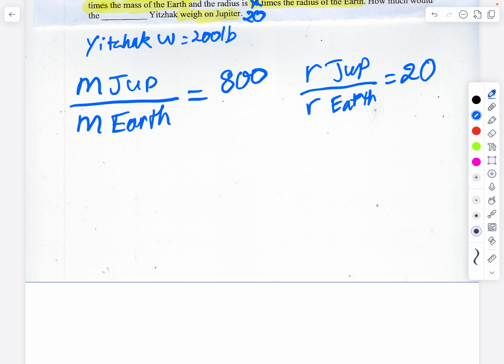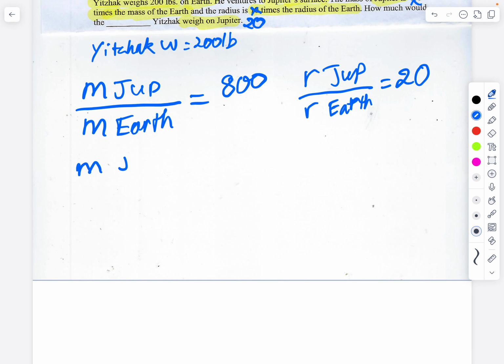So I would break it down into two parts. This part is the mass ratio, which is 800, and this is the radius ratio, which is 20, because they're given.